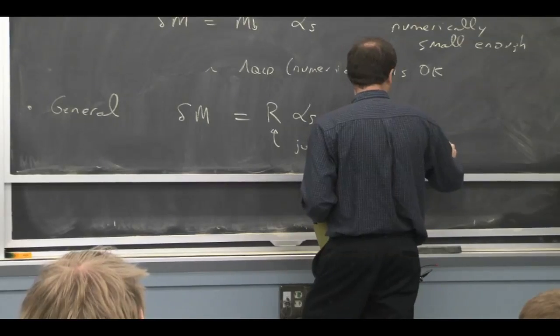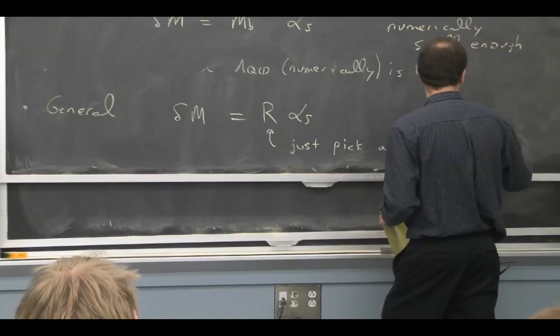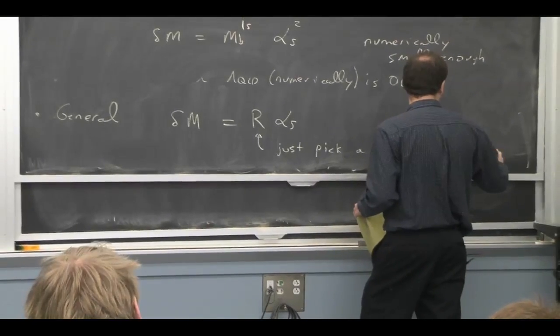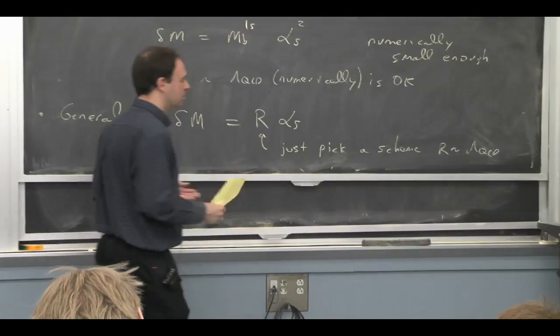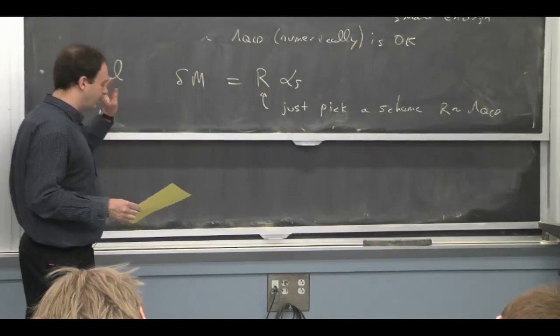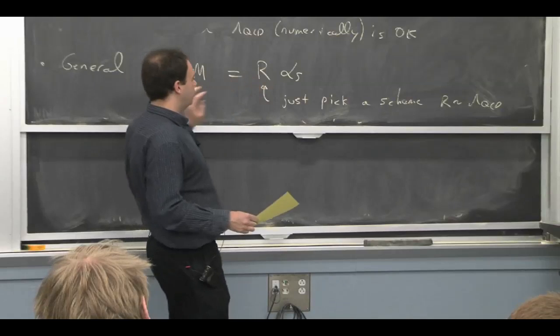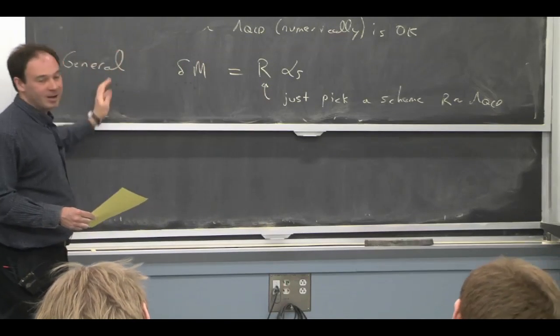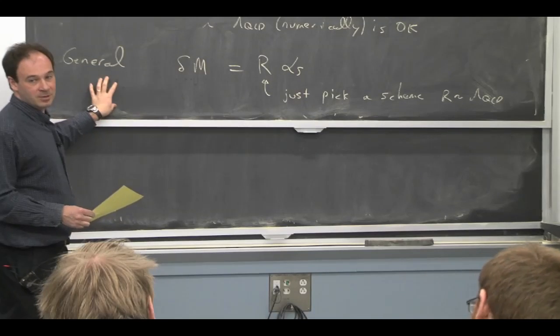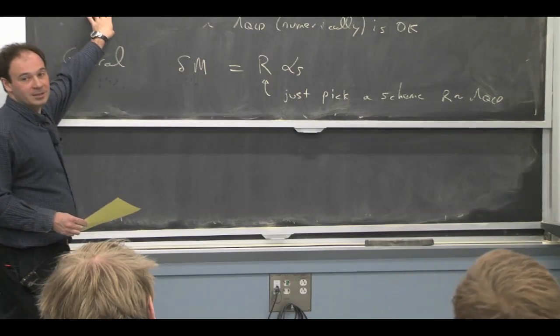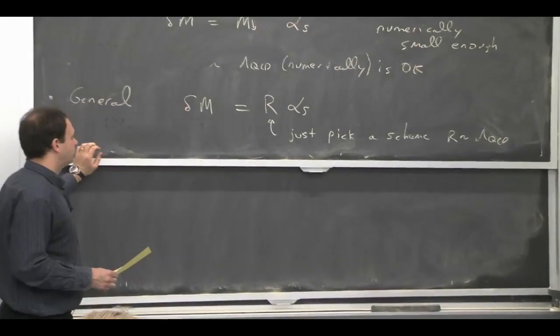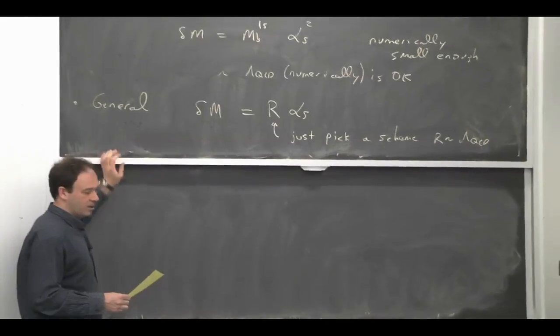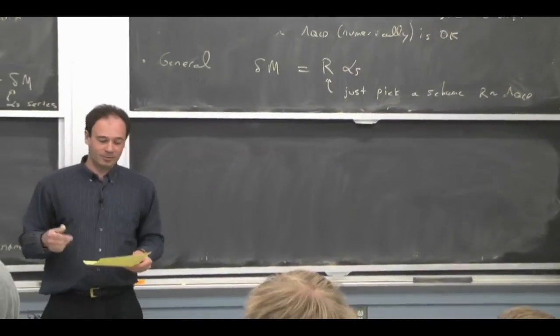So you could pick a scheme where r is of order lambda QCD, maybe 1 GeV or 500 MeV or whatever you like. So you can make up a scheme where this is true, and then both parametrically and numerically you're okay. And these schemes also work just as well as the 1s scheme. So we can get more fancy and also satisfy our formal requirement.